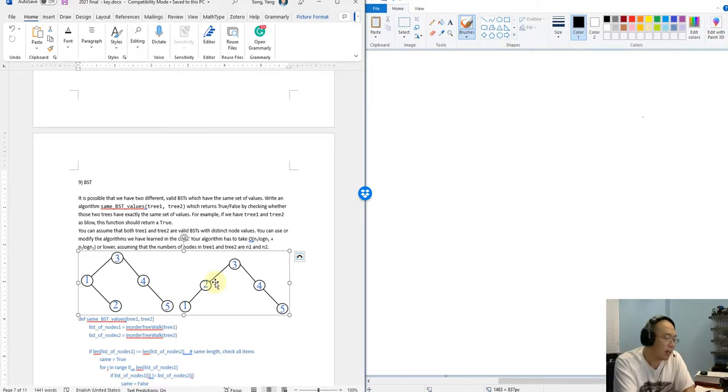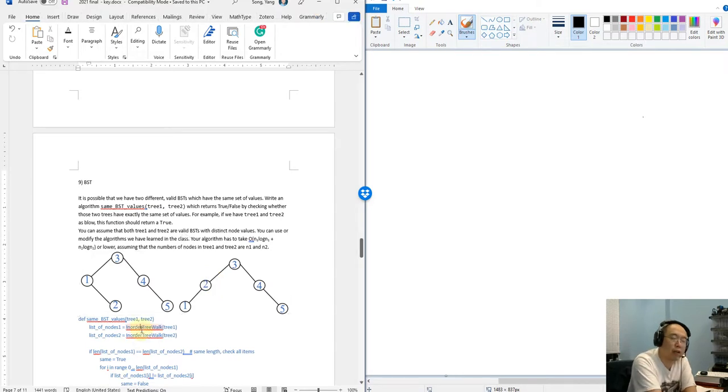One of the ideas I have is, do you remember for the BST, we can use that as a sorting algorithm? If we want to use that as a sorting algorithm, what do we do? We just do an in-order tree walk. After we do an in-order tree walk, we put all the values into an array, and this array has all the tree values from low to high.